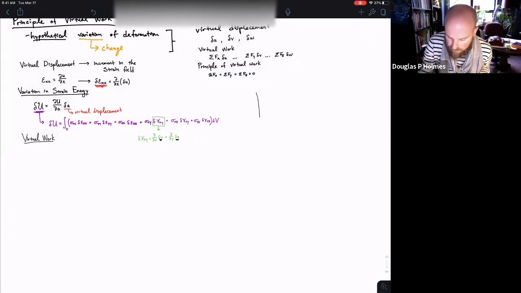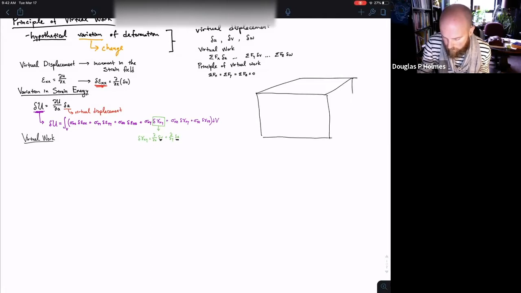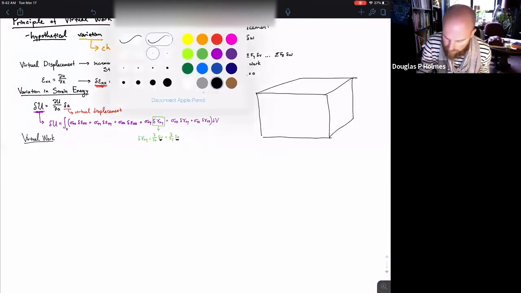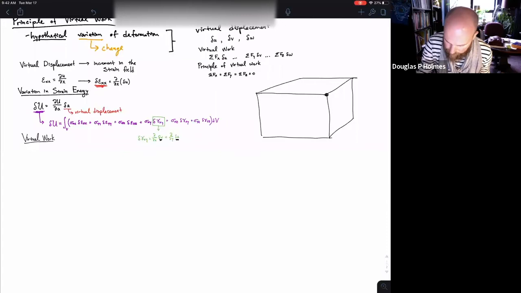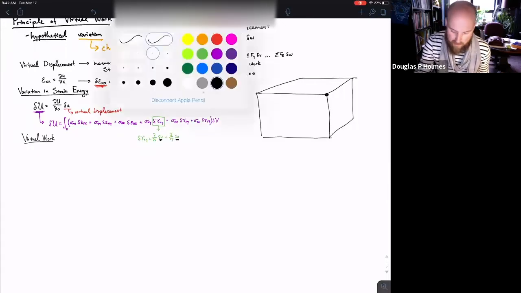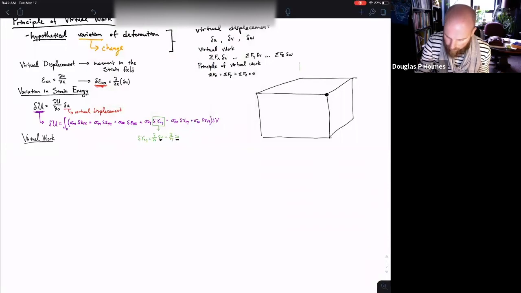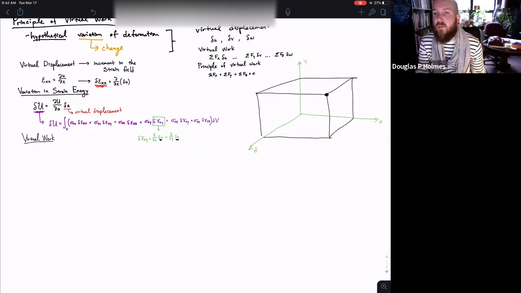What we're really doing is saying, okay, I've got this 3D body. This is my block of rubber or something. I could look at some point up here in real space, and I can put a coordinate system on here. That point exists in space somewhere.